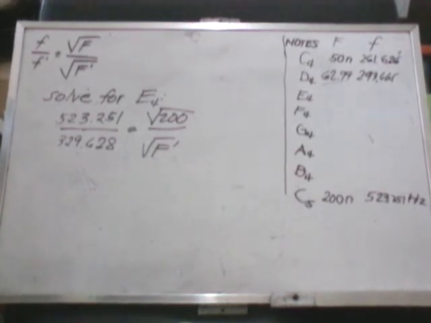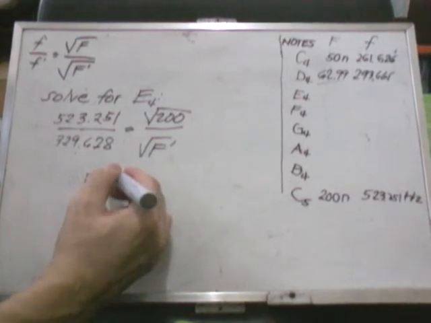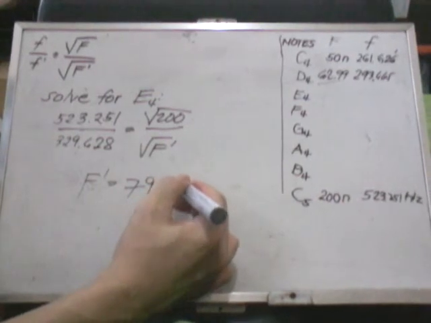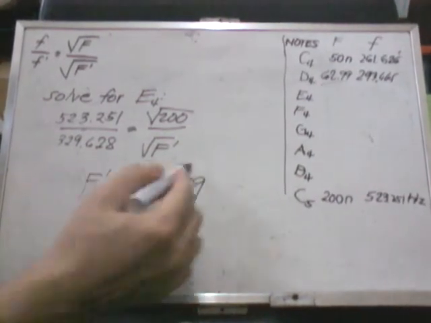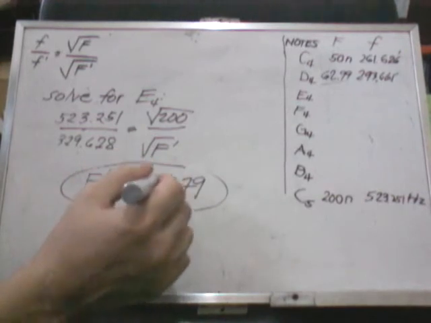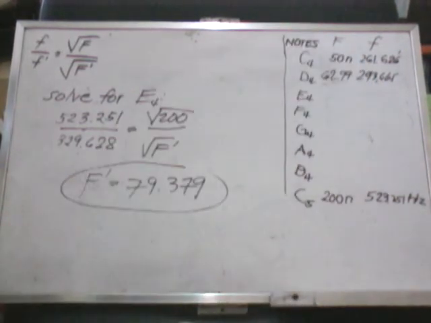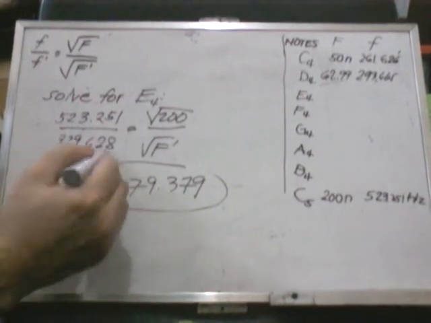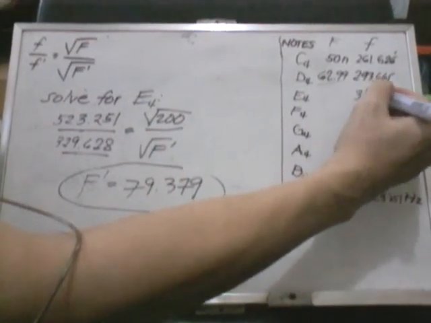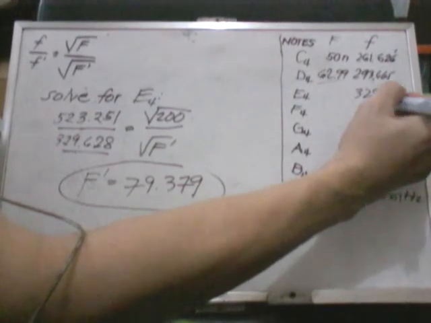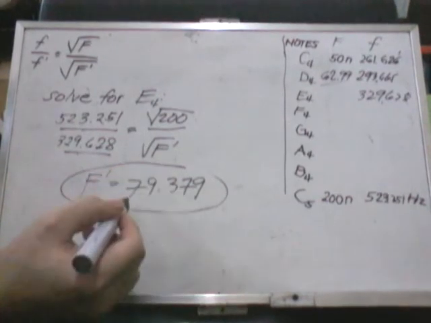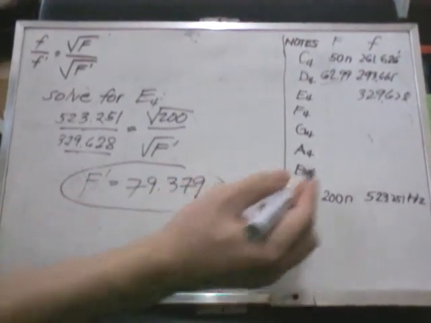And eventually we will find the F prime as 79.379. Now we can supply this one to E sub 4. Again, Google said 329.628. So we write 329.628 and we find the applied force as 79.379 newtons.